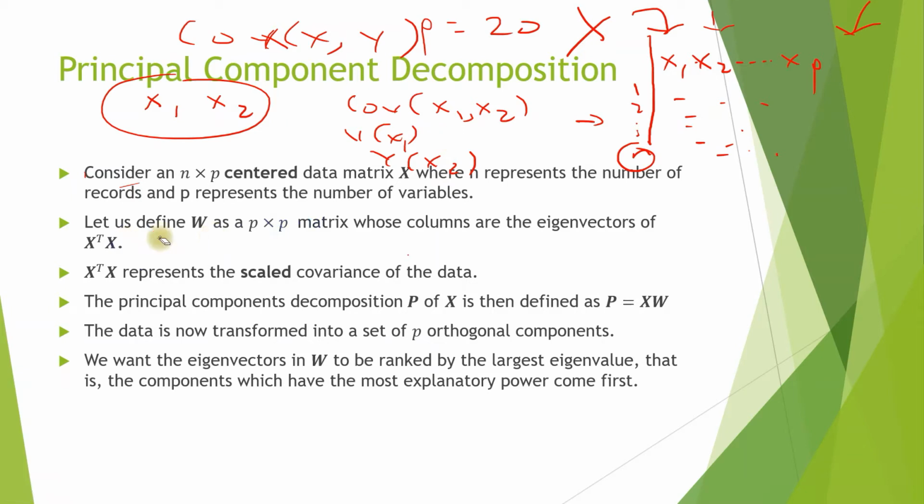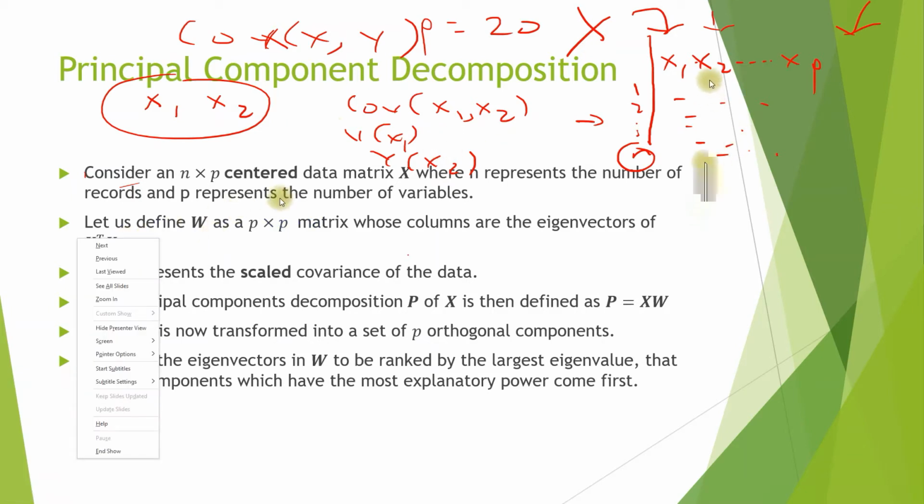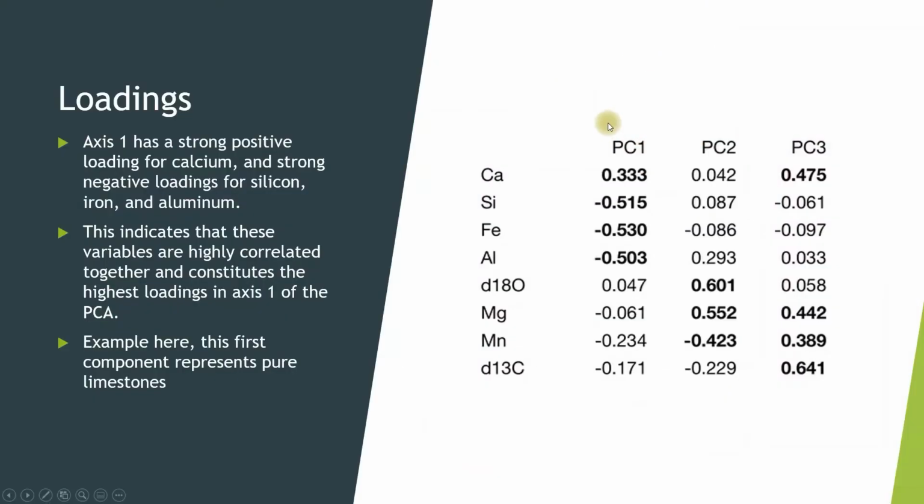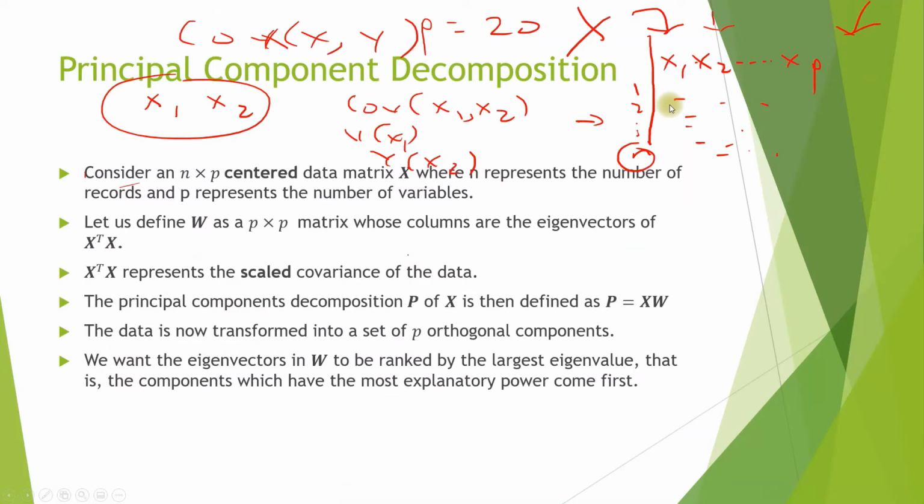So I repeat, you can take the transpose of that data multiplied by itself. This gives you a variance covariance matrix. Of course, you can't take a matrix multiplied by itself, you can't take an n by p multiplied by an n by p.